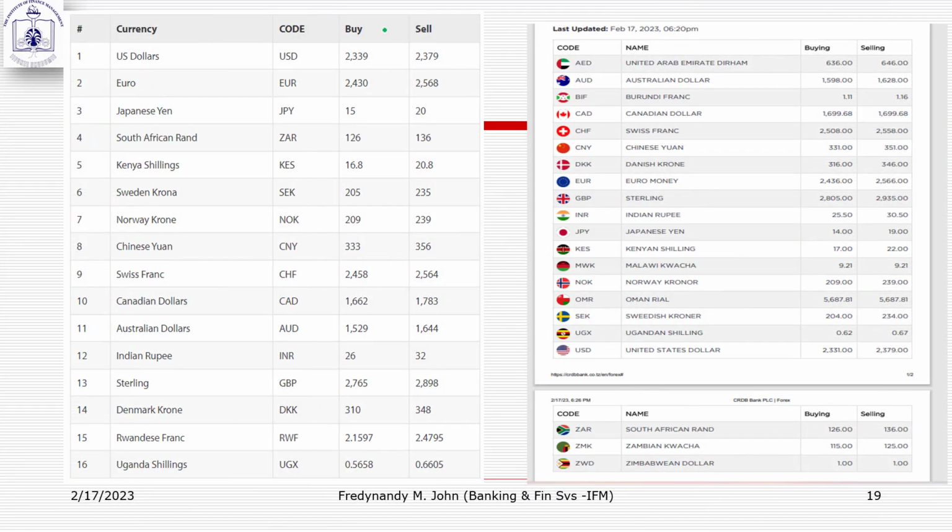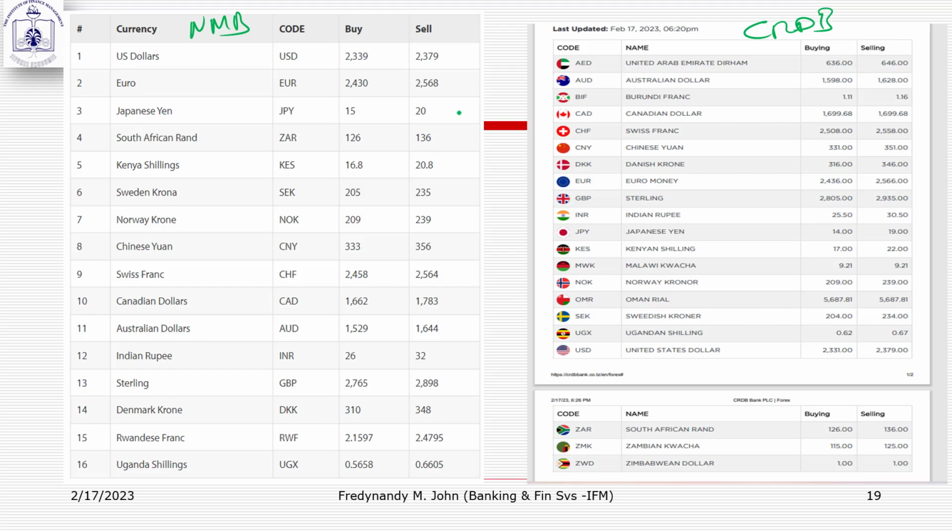Here I have an example of some quotations that I picked today from some major commercial banks in the country. This one is from the National Microfinance Bank, and the other one is from CRDB.